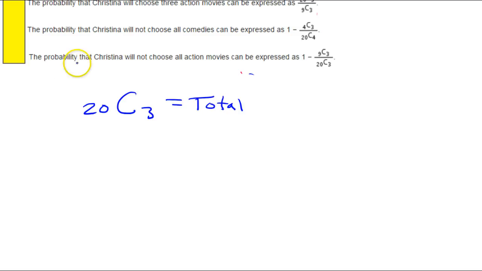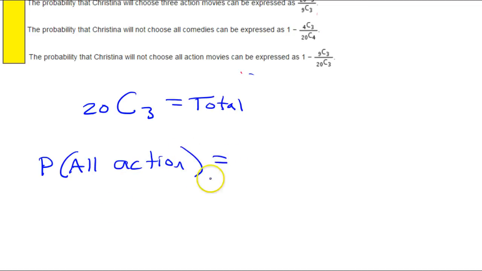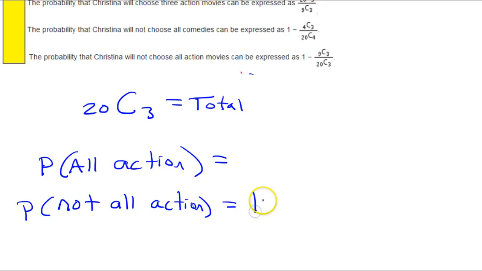Okay, if I want to talk about the probability that Christina will not choose all action movies, first of all, I need to talk about the probability that Christina will choose all action. The probability of not choosing all action should be 1 minus the probability of all action.